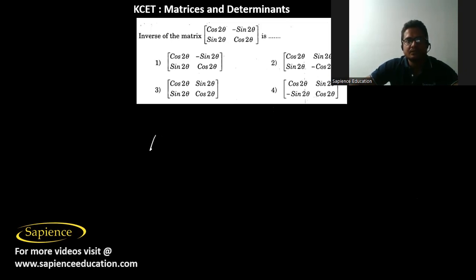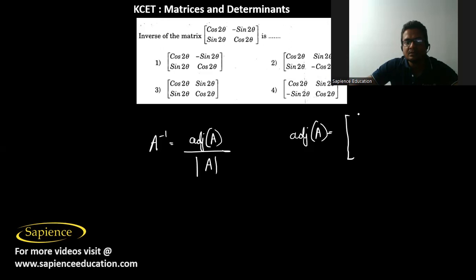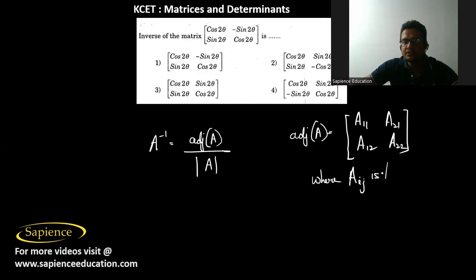We know that the inverse of the matrix A is equal to the adjoint of A divided by the determinant of A. Adjoint of A means the transpose of the cofactor matrix, that is A11, A12, A21, A22, where Aij is the cofactor of the element aij.